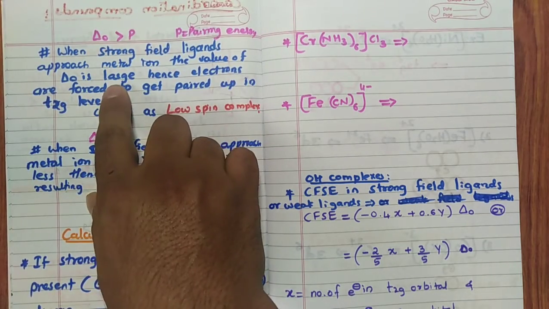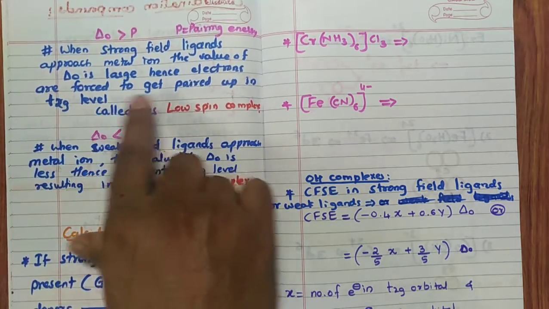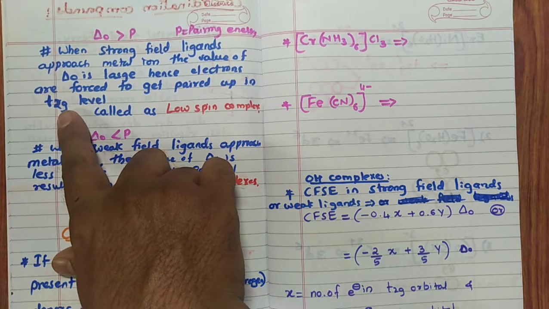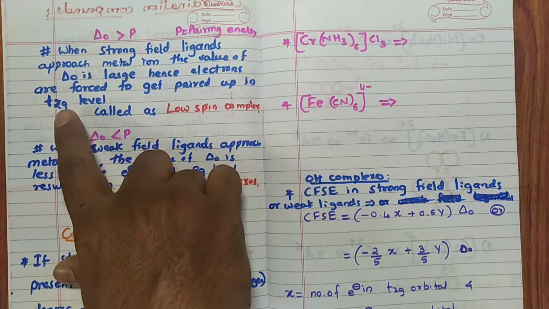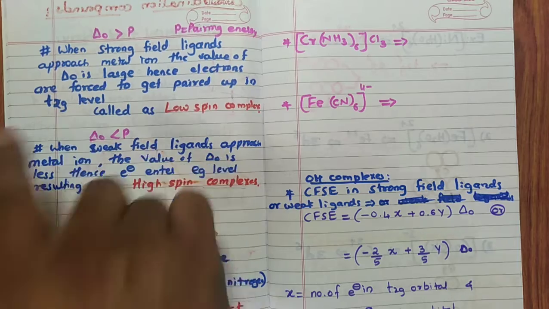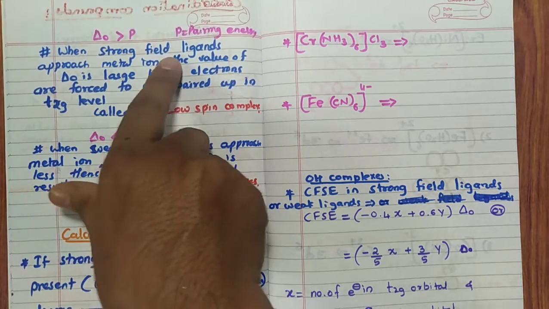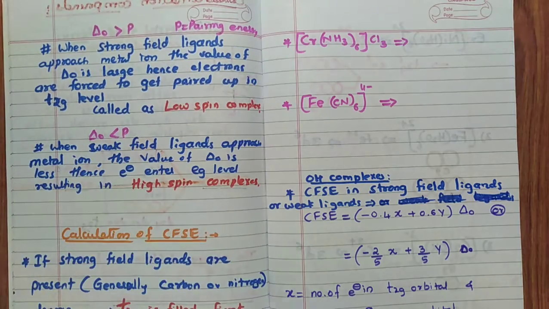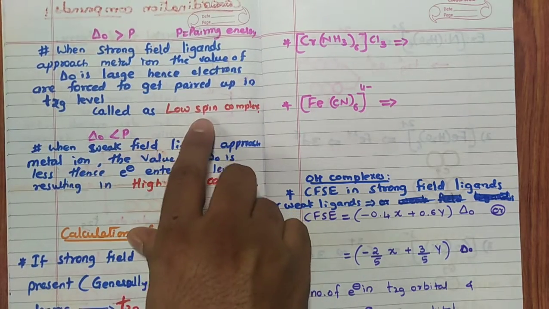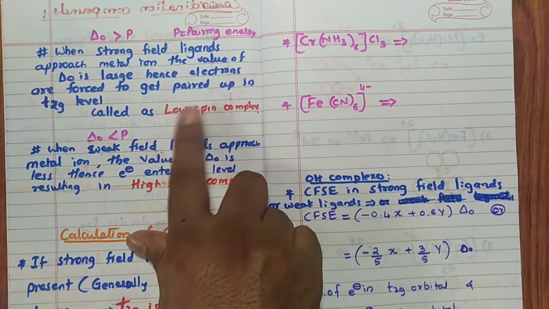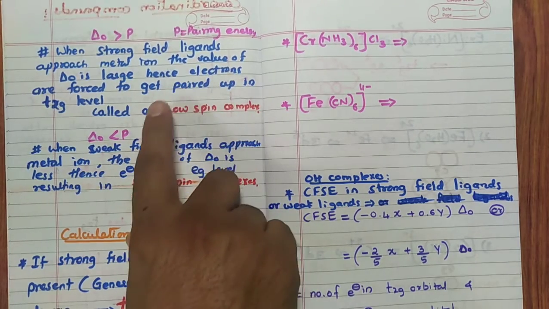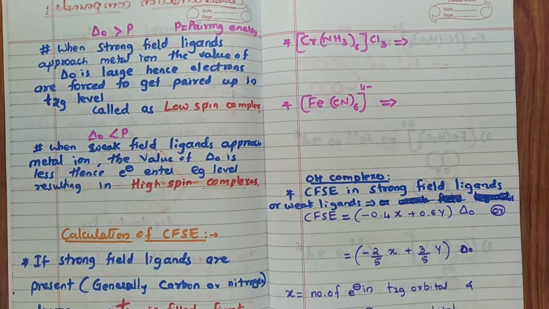Hence, electrons are forced to pair in the t2g level. Very important: t2g is filled first, then eg is filled. In the VBT we called this a low spin complex. Low spin complex means t2g is completely filled, then eg is filled.